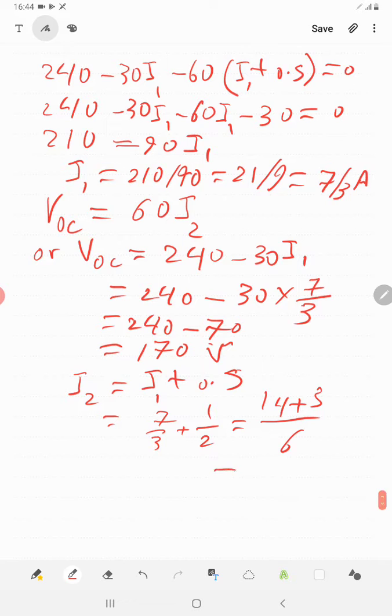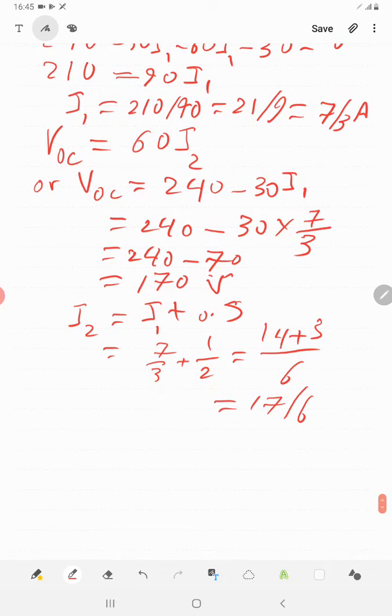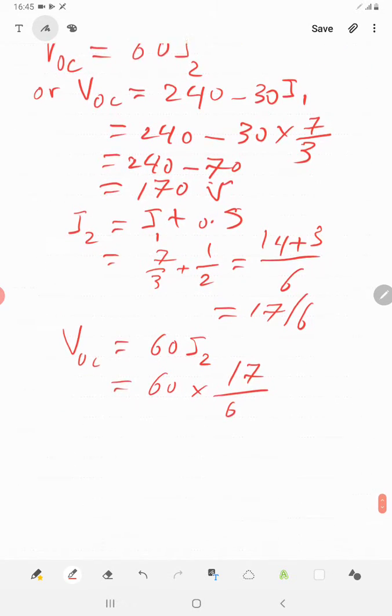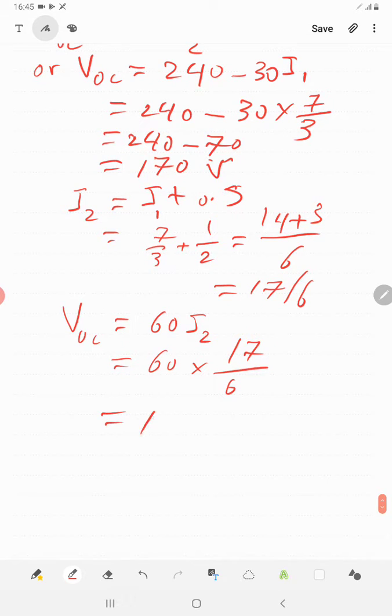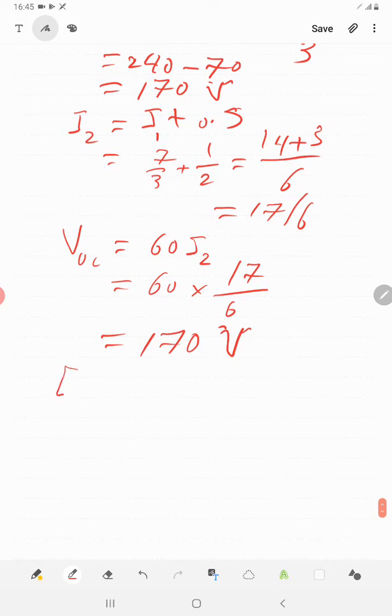So it will give 17 divided by 6. You can say also the open circuit voltage equals 60 I2. So it equals 60 times 17 divided by 6, which will give you again 170 volts, whether you take it this way or this way. Therefore, E Thevenin equals 170.